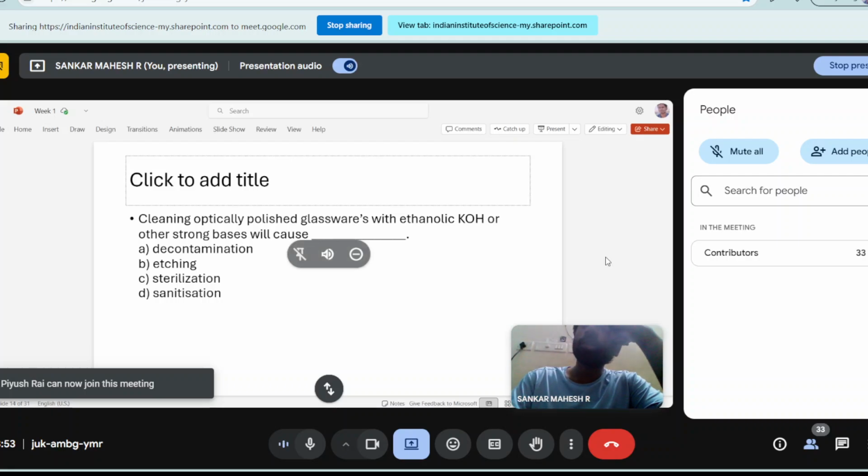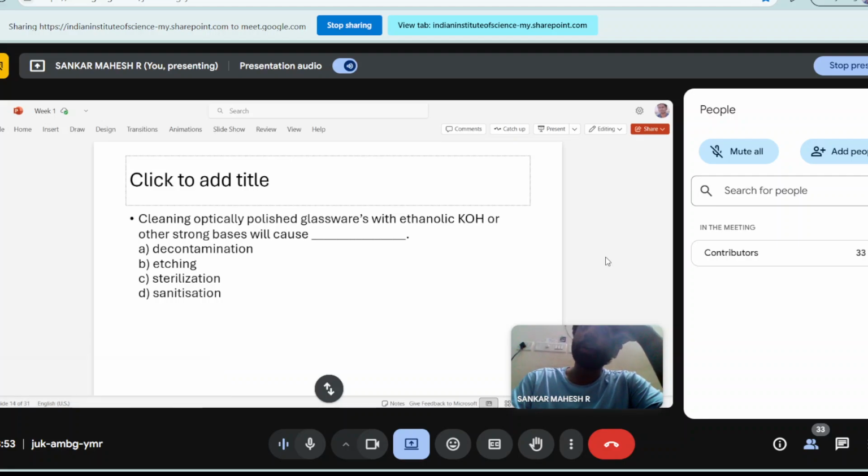Yeah, so the question is, cleaning optically polished glasswares with ethanolic KOH or strong bases will cause dash: decontamination, etching, sterilization, or sanitization. Simply put, this optically polished glassware could be any of the cuvettes that you use with spectrophotometers, CD, or UV spec, any of these applications.